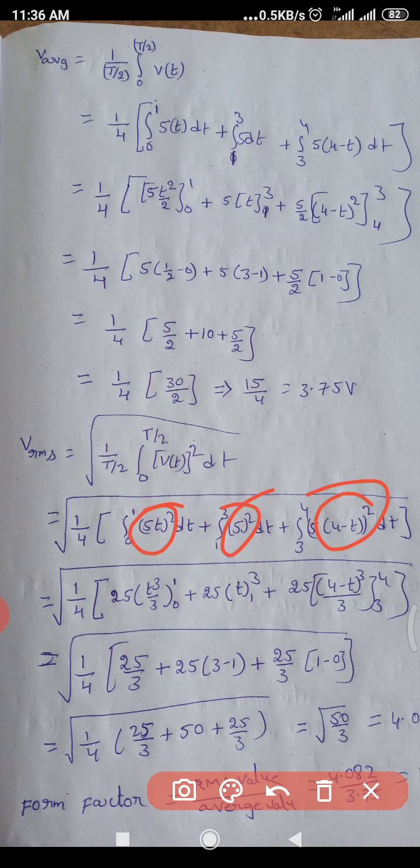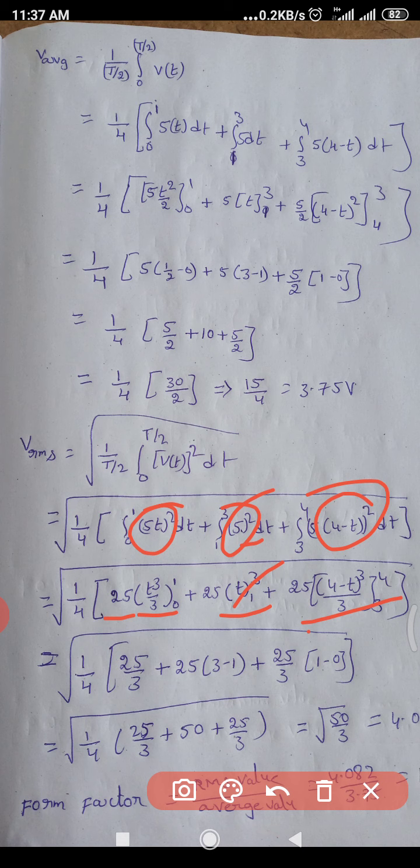So here 5t square, that means 25, and if we apply integration for t square, we get t cube by 3. Here also 5 square, 25, there is no t term. If you integrate 1, we are getting the value t and the limits are 1 to 3. Next here 25 into (4 minus t) cube by 3. So here the limits are 3 to 4.